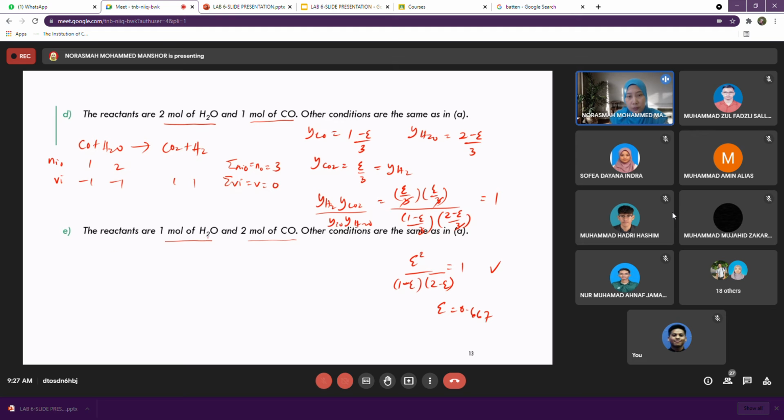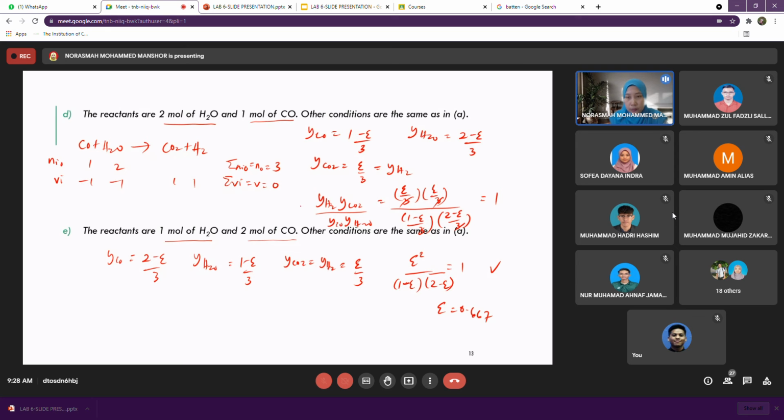Sekarang 1 mole H2O, 2 mole CO. So untuk expression YCO ni, YCO akan jadi 2 minus epsilon over 3, YH2O 1 minus epsilon over 3, YCO2 sama dengan YH2 epsilon over 3.